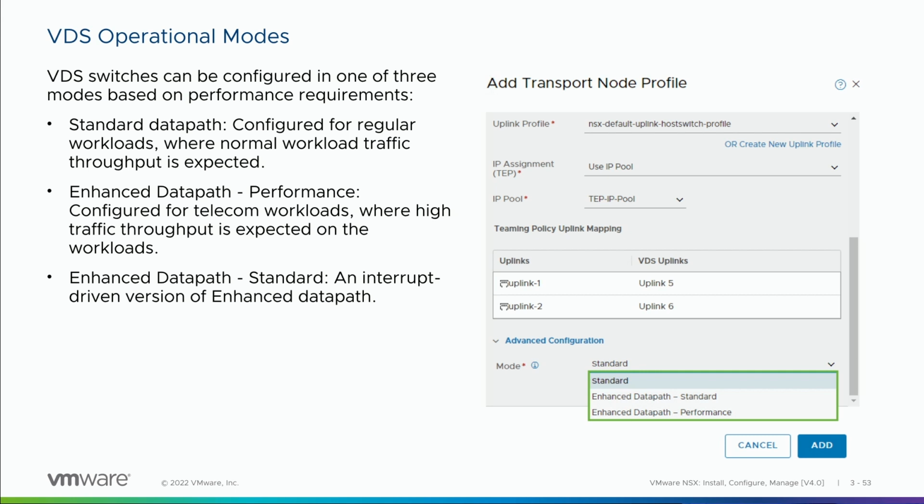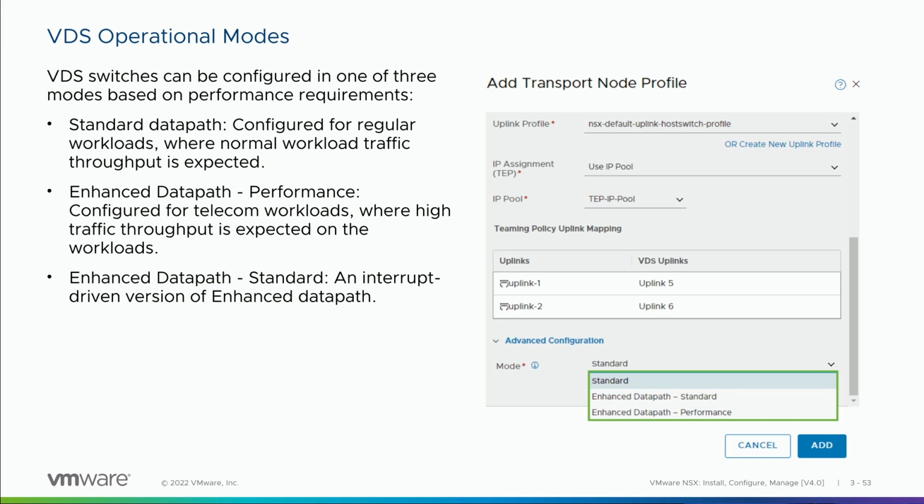The enhanced data path standard may be an option in an enterprise data center, if I'm running into perhaps packet processing challenges with the standard data path. Some of us are going to be in that position, and that might be something to look at.